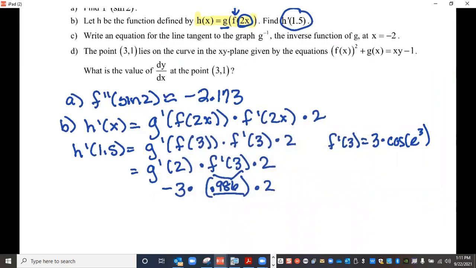So I type this all in, I should end up with approximately negative 5.916 or 915, depending upon your rounding. And we'll finish this problem together on Friday. Okay, we'll finish the last 2 parts.